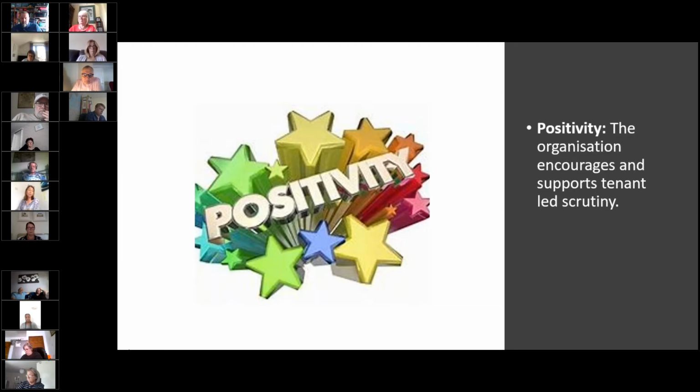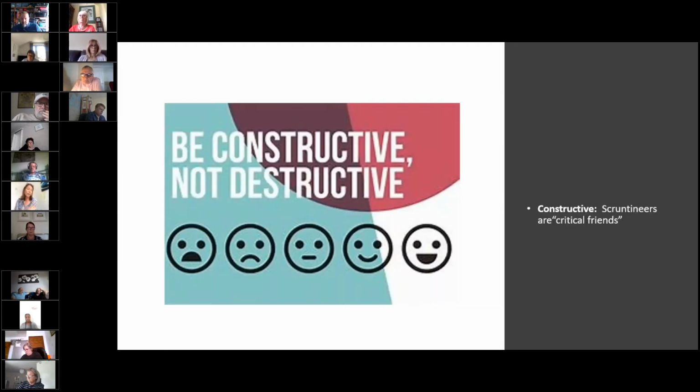So the next foundation, the next stone that you're going to put in place, is the constructive stuff. Again, there's no room in scrutiny for being destructive. There's absolutely room for challenge, absolutely room for being that critical friend. Yes, hold the organisation to account, absolutely. But it's about doing that in a constructive way that delivers results, not about being destructive, because scrutiny needs both parties.